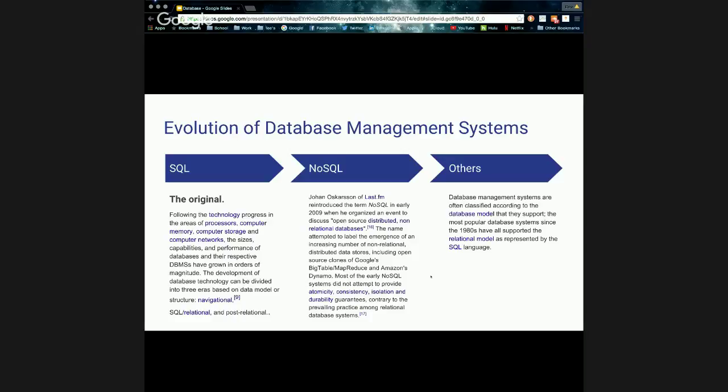Johan Oscarsson of Last.fm brought up this term, NoSQL, which really described these up and coming non-relational data stores.